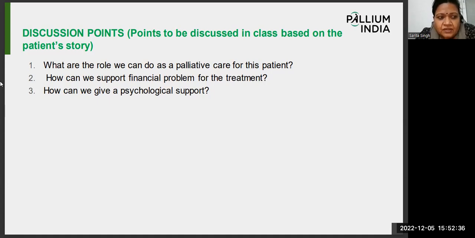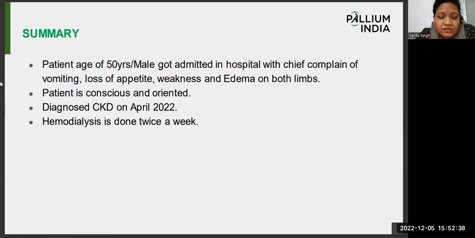So emotionally, he needs emotional support also, in the form of encouraging the patient about the disease and their treatment, because when you encourage these types of patients, the coping ability of the patients from the disease will increase.